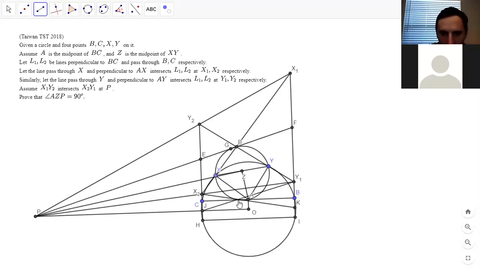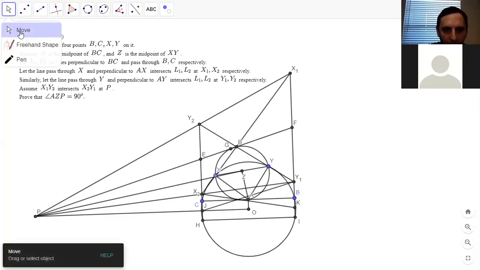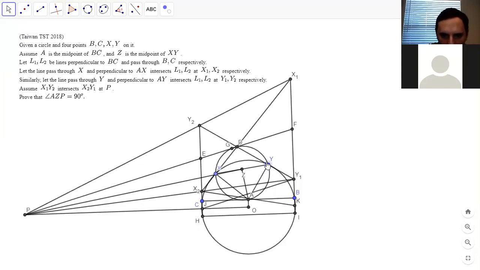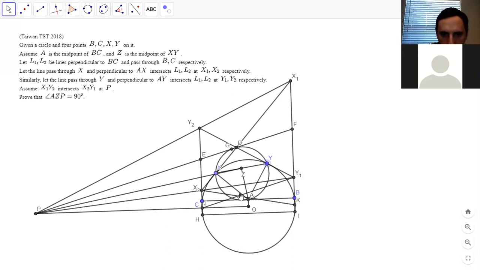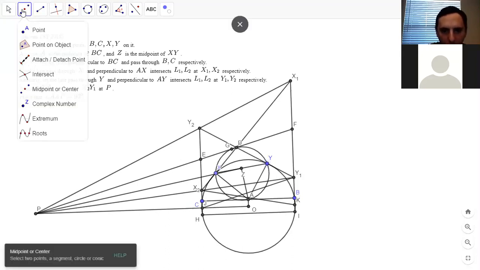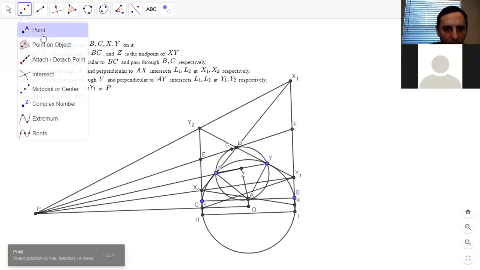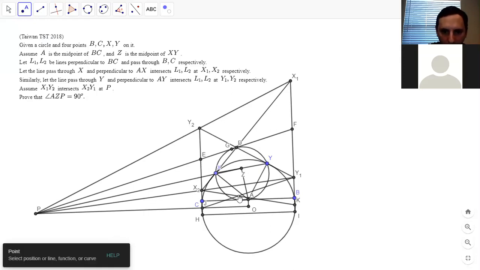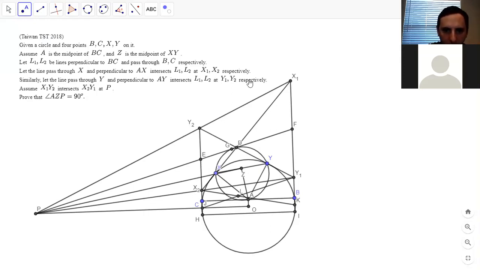Those almost look like they concur here, but I don't think they do. Let me see if I can see that intersection a little better. We want to show that the line through D and that point is parallel to X1, Y1, and X2, Y2. I think that would do it. I think DL is parallel.